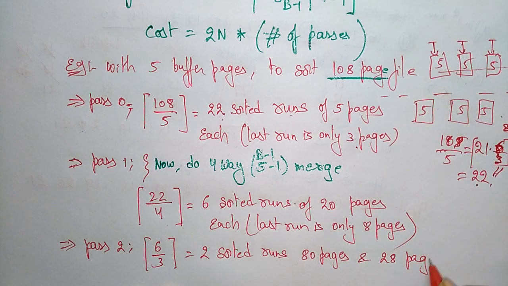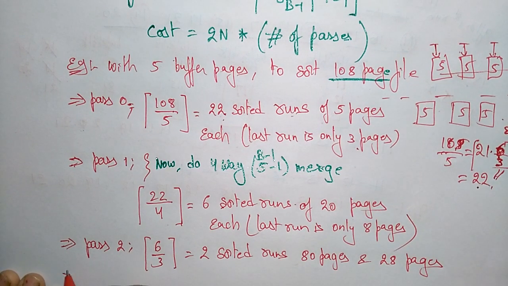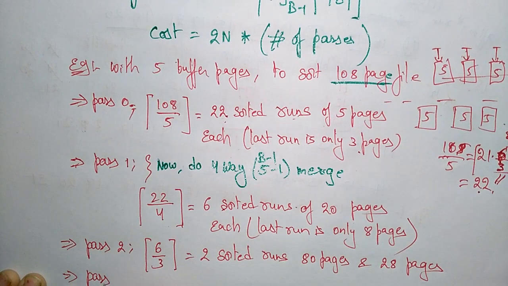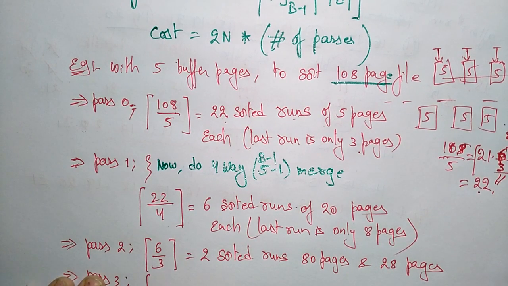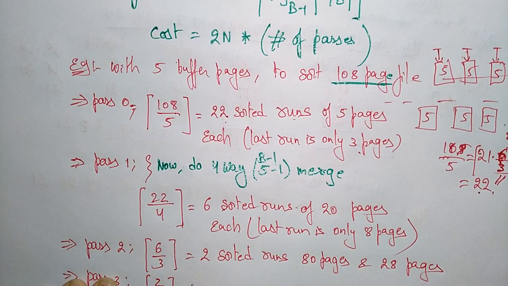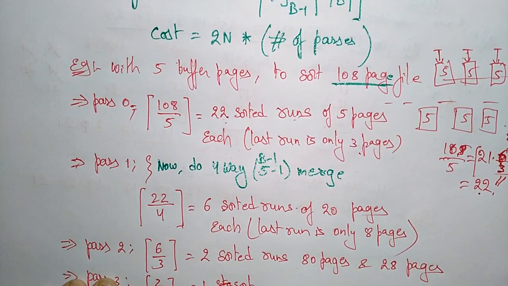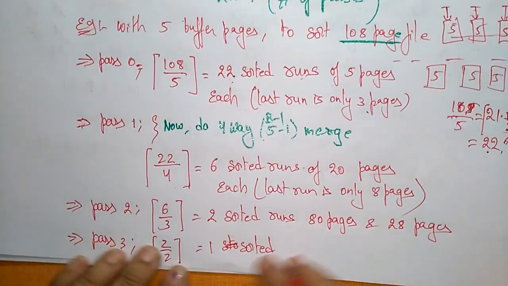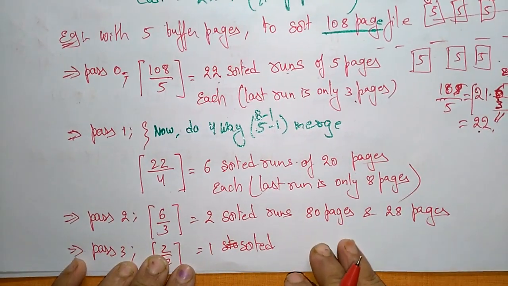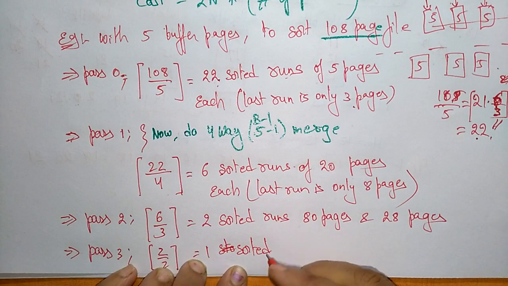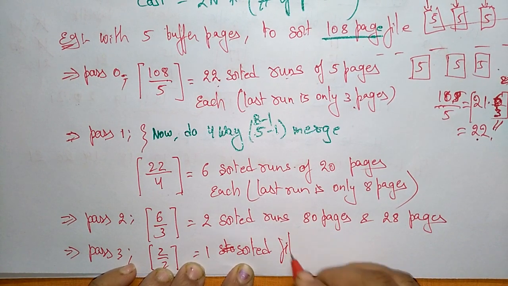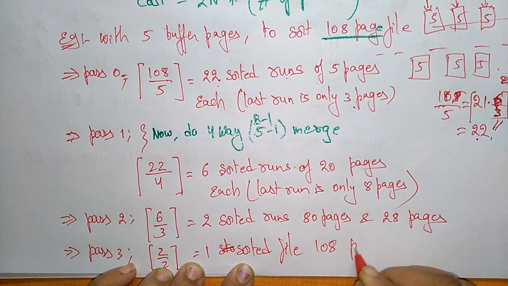Now coming to the last pass, pass 3. Why am I saying this is the last pass? Because 2 by 2 gives only 1, that is, the file is completely sorted. So we get a sorted file with 108 pages.